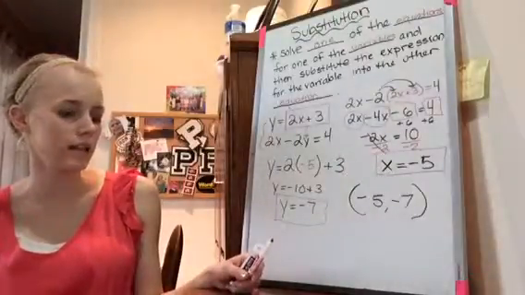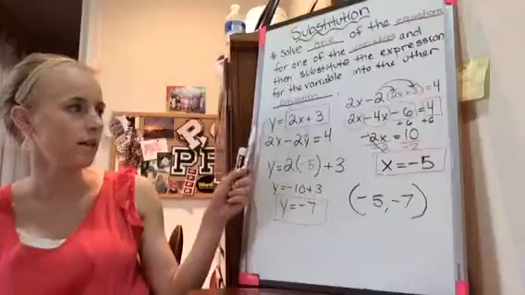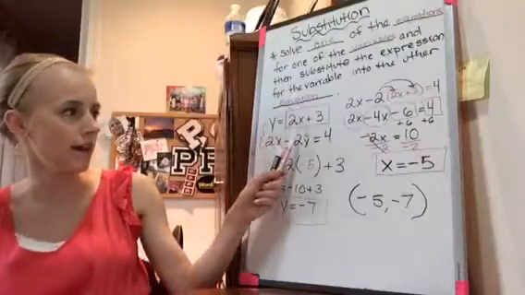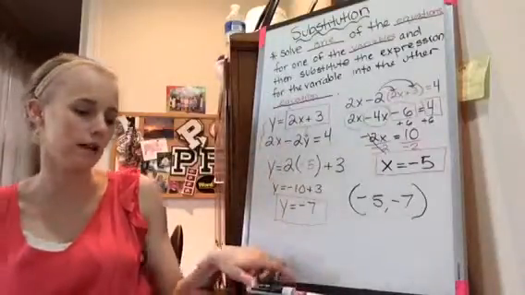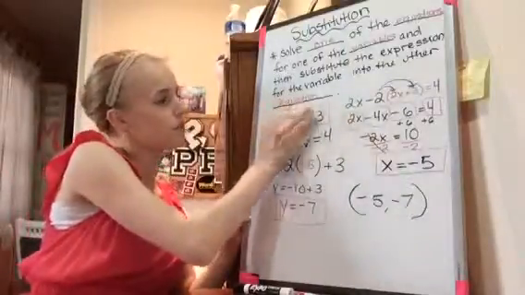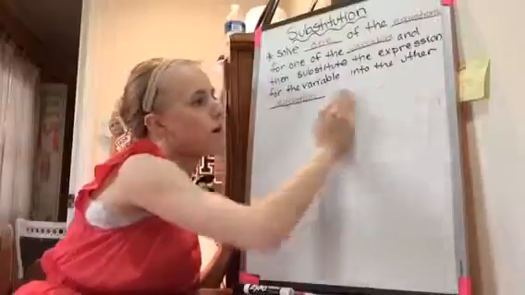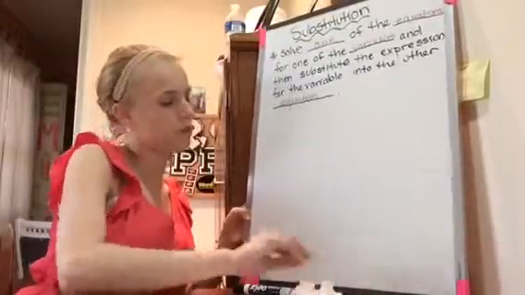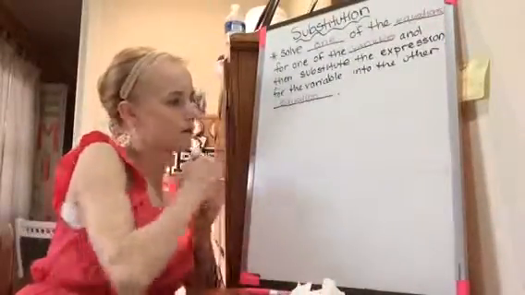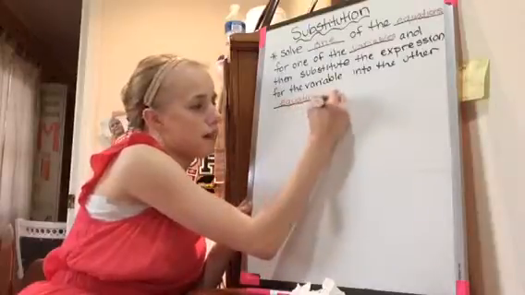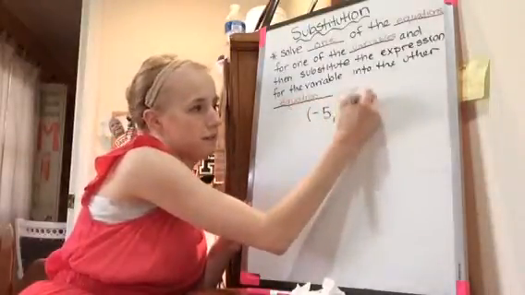Now I can check this by plugging in negative 5 and negative 7 into both sides of the equation. So let me quick show you this. So our answer was the point negative 5, negative 7.